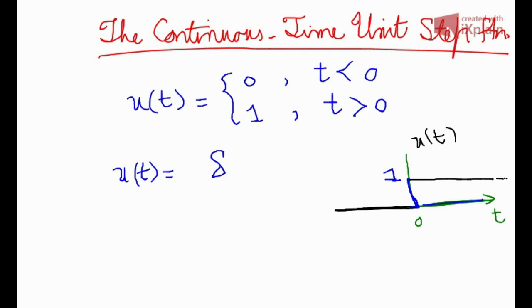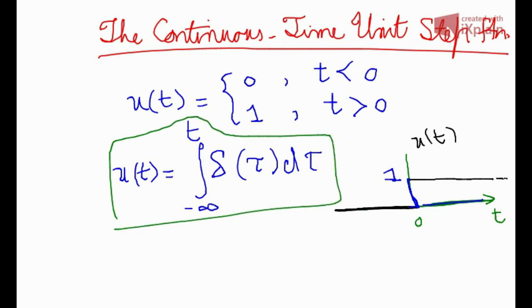It is the integral of delta of tau d tau from minus infinity to t. Let me explain this notation, because students are sometimes confused by it. That is how we represent the unit step function as an integral. So let me explain this idea.